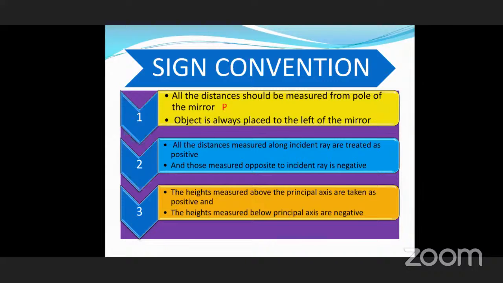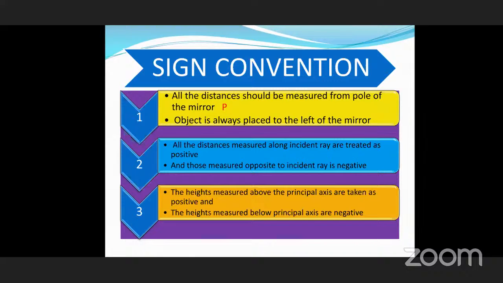All the distances should be measured from P. And another thing is that the object is always placed to the left of the mirror. While you are drawing the ray diagram, you see how the image is formed. In your 10th class, we can see different objects, placed at P, between P and F, above P, like that. In different positions, we can place the object in front of the mirror, and we can see where the image is formed.